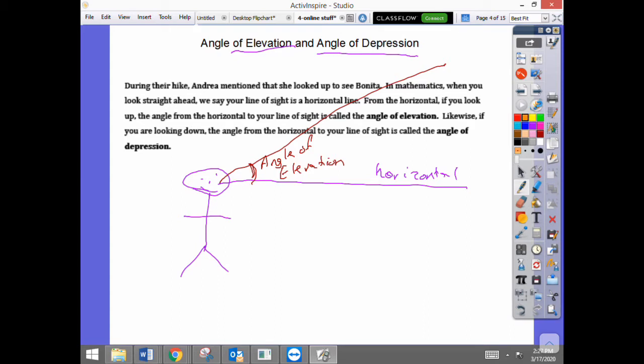If you happen to be looking down at something, this angle right here is called the angle of depression. So we use these a lot, and a lot of the times this will form right triangles for us. And so we can easily figure things out.